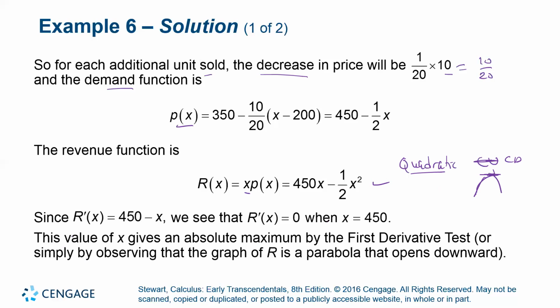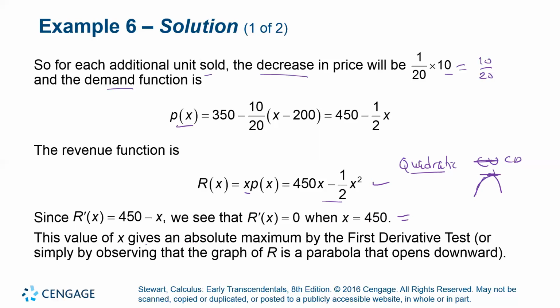So if I differentiate the revenue, which is the marginal revenue, we have 450 minus X, because the 1/2 times 2 cancels out. So we have 450 minus X set to 0. So X is equal to 150.